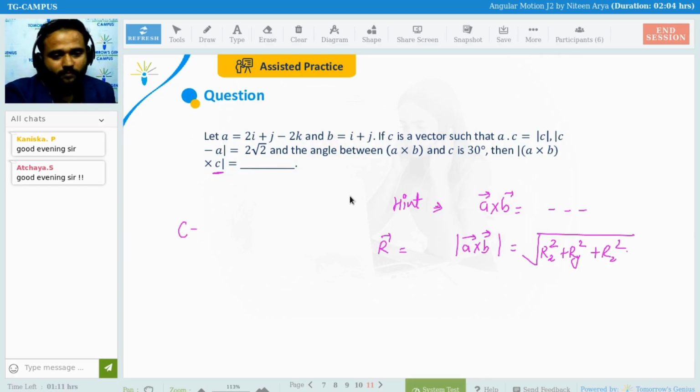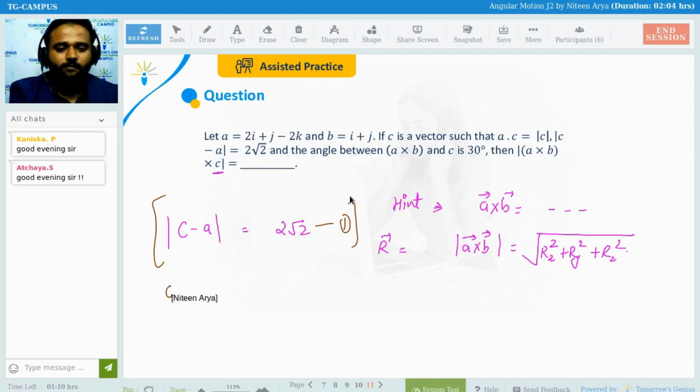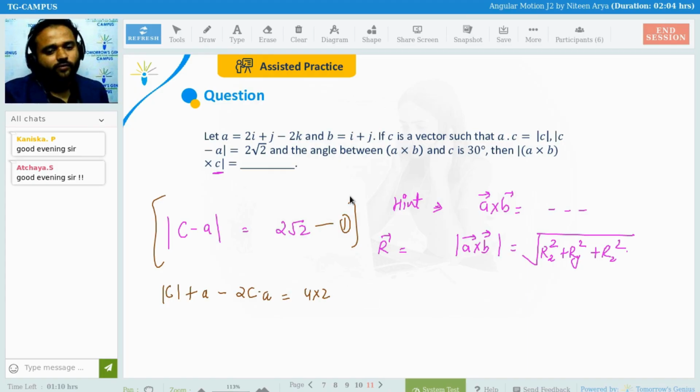I know the magnitude of C minus A. So suppose this is equation 1. Squaring equation 1, that is simply the C magnitude, the A magnitude you can find from here also, and then minus 2 C dot A, which is 4 into 2, it becomes 8. So from there you can find the magnitude of C alone. Got it now?